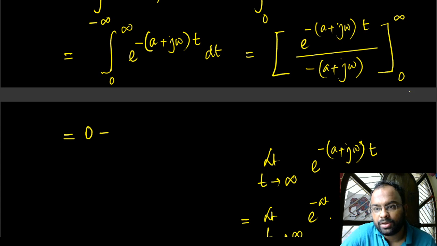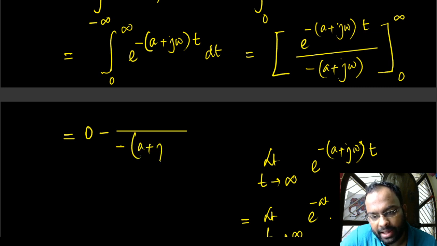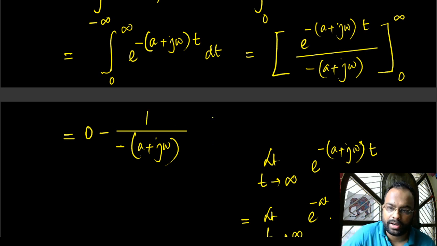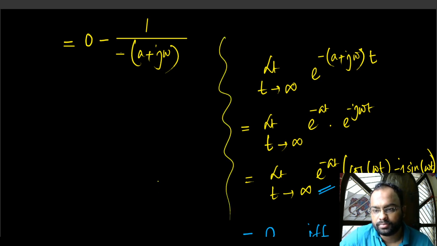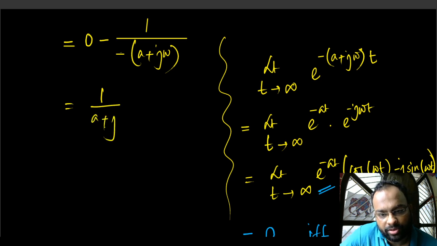and then minus, when I put the lower limit, that's quite understandable. So when I put the lower limit, I have minus a plus j omega on bottom here, and that's e to the power 0, which is 1. Again, that was a side discussion. So that's 1 by a plus j omega.